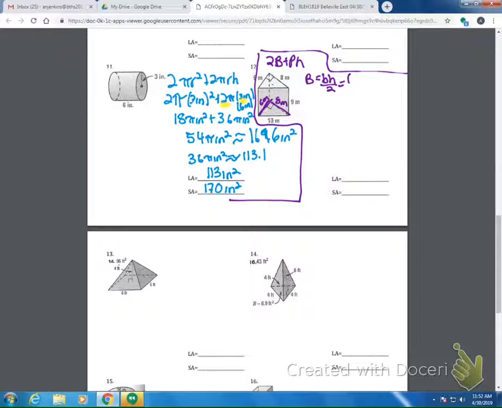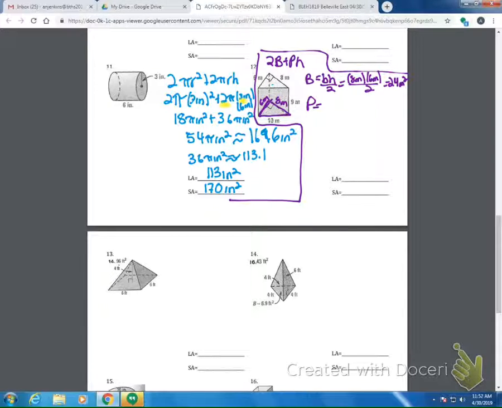So the height of the prism is 9, but what's the height of the triangle? So if you're just looking at this triangle here. 10. So the 10 is your hypotenuse. So 8. It's going to be 8. And then what's your base going to be? 6. Exactly right. Okay, all over 2. So what is 8 times 6 divided by 2? 24.